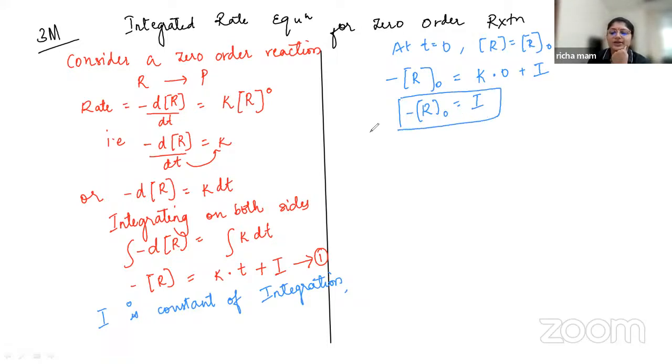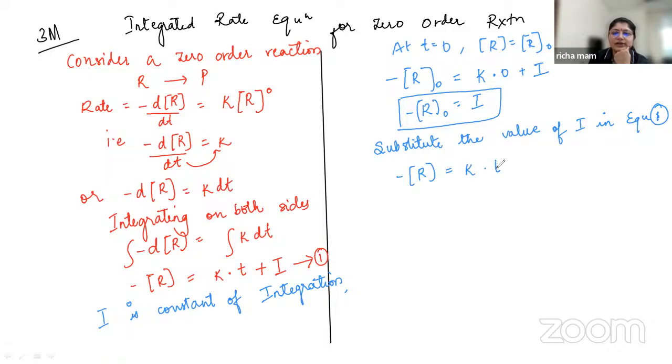Got it? Now what we have to do? We will substitute this in equation 1. Substitute the value of I in equation 1. So minus R is equal to K T plus R naught.